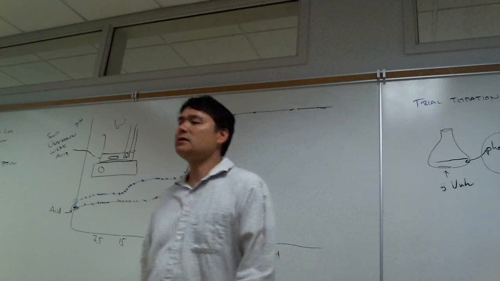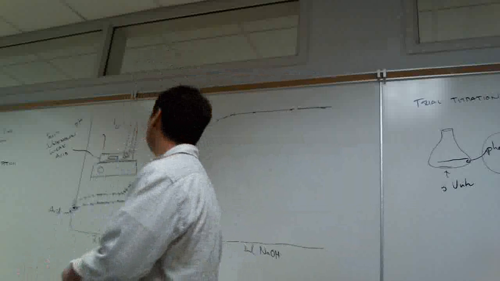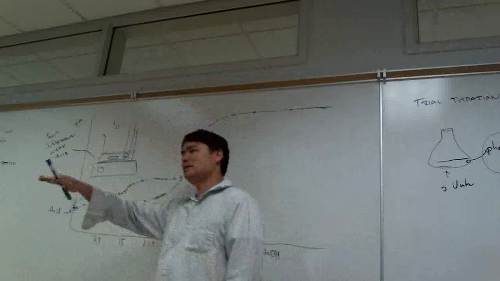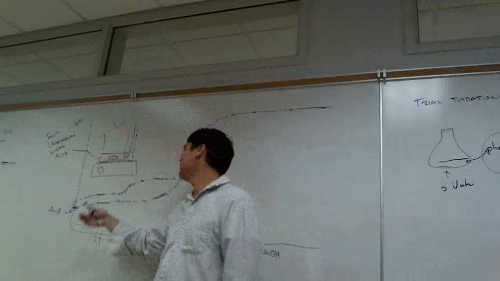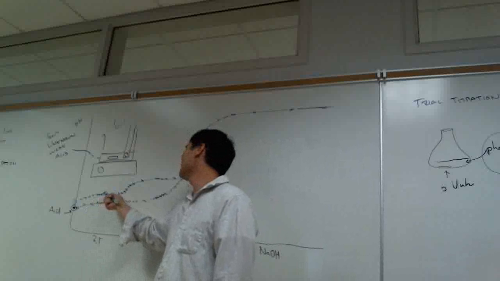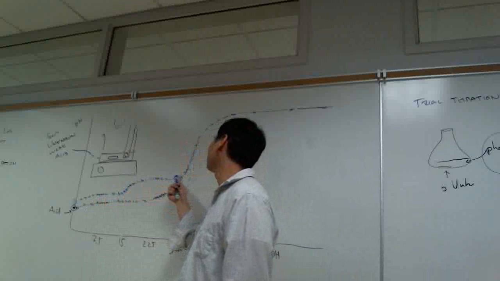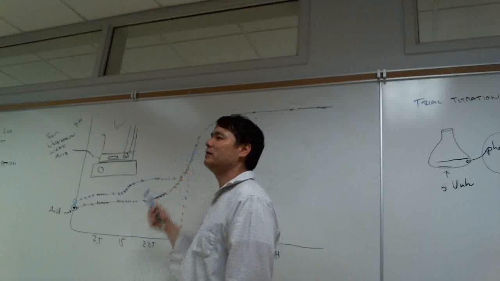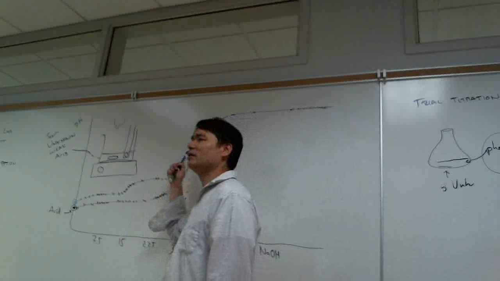That's why we're generating this pH curve. The pH curve will be able to detect it. You'll be able to see it. You could add phenolphthalein if you want. It'll be colorless, colorless, colorless, pink. And so phenolphthalein just tells us one point on the curve.